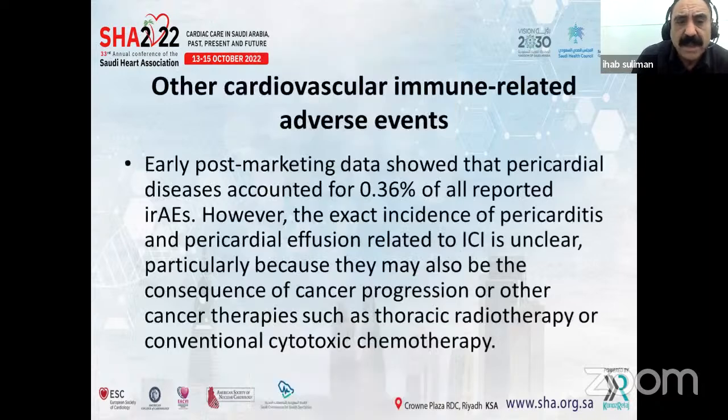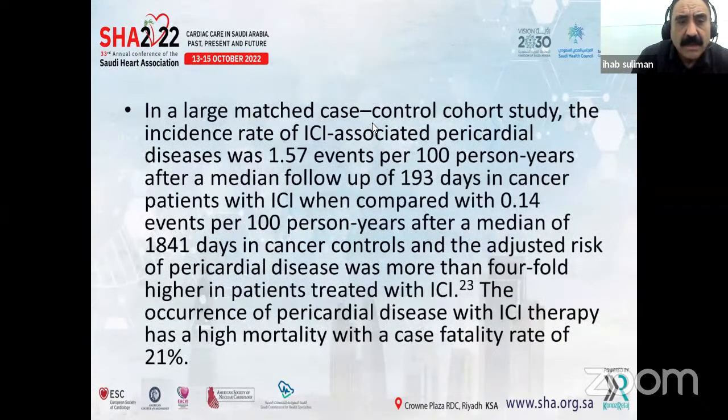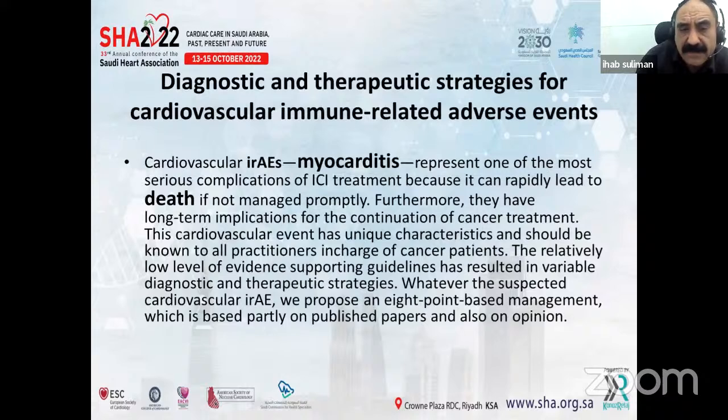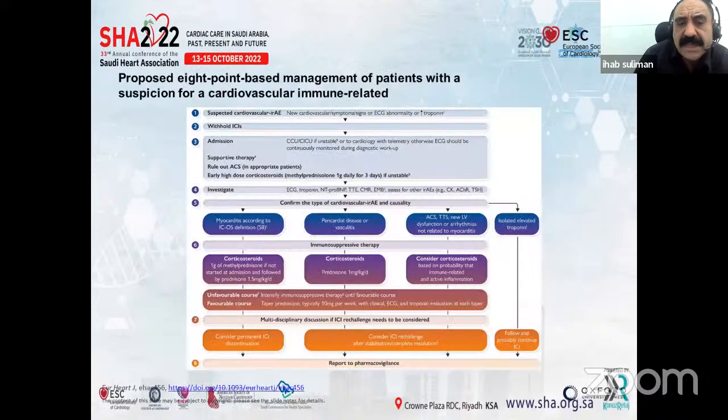According to the mechanism proposed by the European Society of Cardiology, patients who have myocarditis from immune checkpoint inhibitors can have a very high mortality, and high-dose steroid should be started without delay.